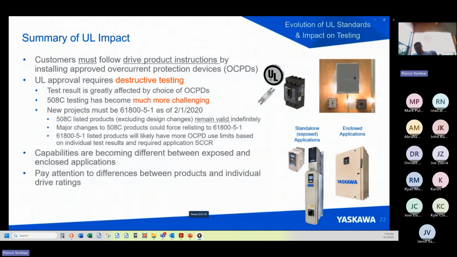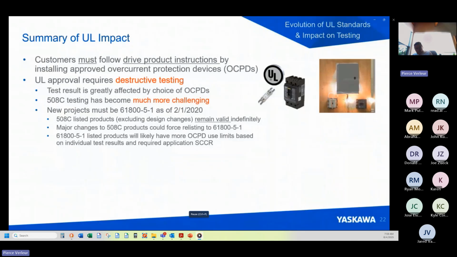And another important point on one of these previous bullets that I should mention is that we did mention that 508C products could be forced to get relisted to 61800-5-1.